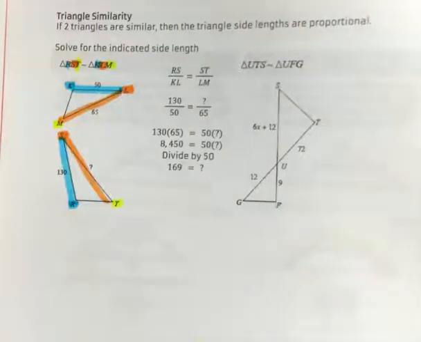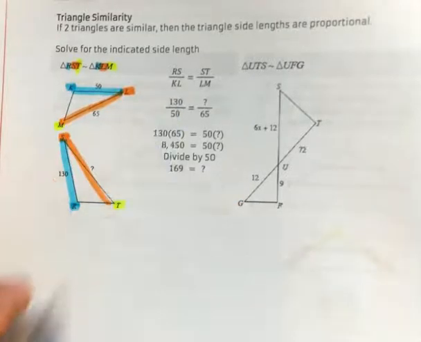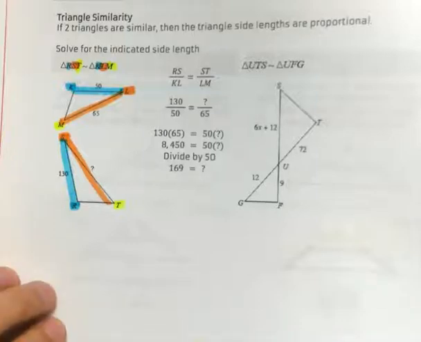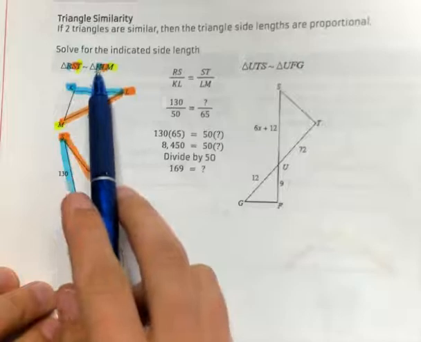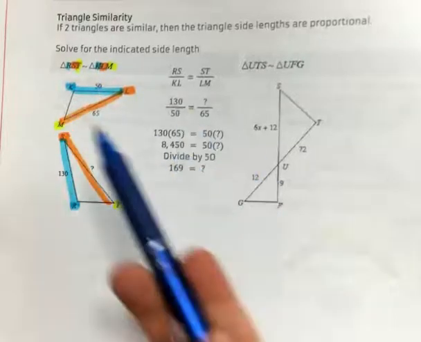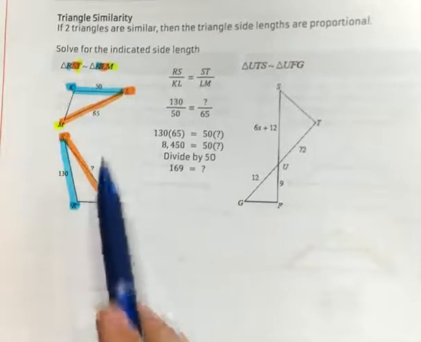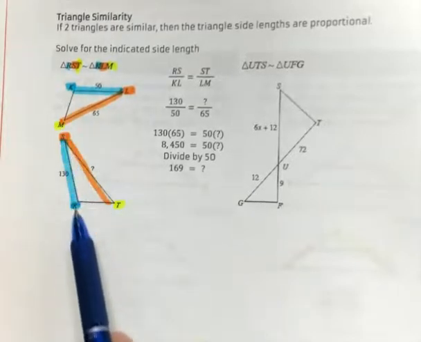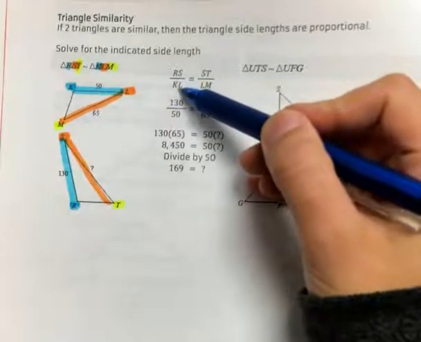Okay, so I have a pattern set up, and then it's very easy with these colors for me to see what pieces match. If I don't have the colors, I can just say RS matches KL. But with the colors, it's nice to actually visualize it. So KL, blue, matches this other blue, which is RS. Okay, so RS goes with KL.